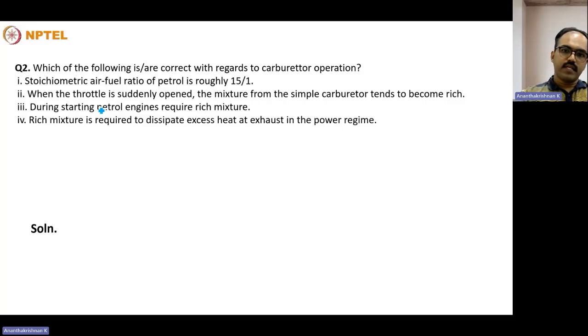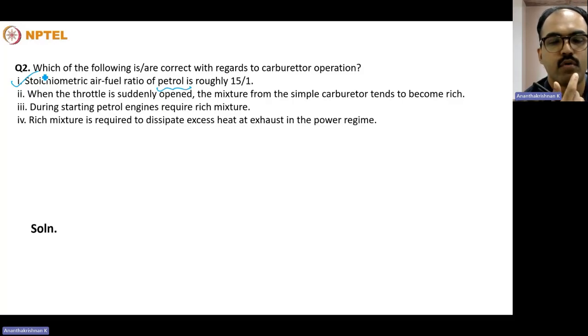Option 1 is straightforward, right? For gasoline, for petrol, it's roughly equal to 15:1. The stoichiometric air fuel ratio is the ratio of the mass of air to the mass of the fuel at which it will ensure complete combustion, producing carbon dioxide and water. In the case of a lean mixture, the air quantity will be much higher compared to the stoichiometric air fuel ratio.